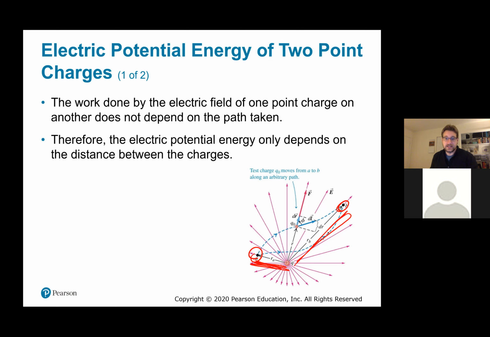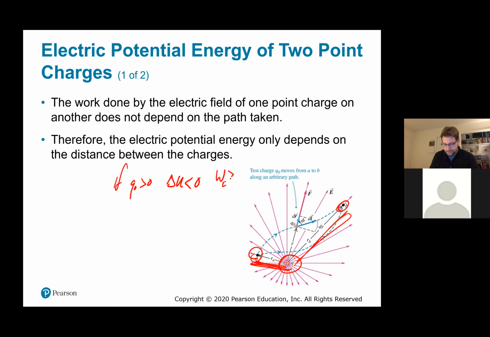If this is a positive test charge, if Q0 is positive, then we're moving farther away from positive charge Q, which means we're moving in the direction the field wants us to go, which means delta U has decreased. And the work done by the field is positive.